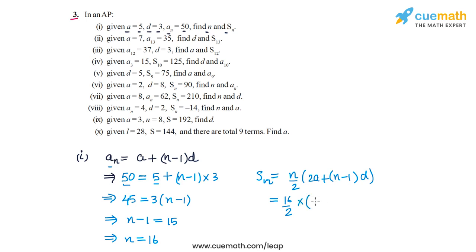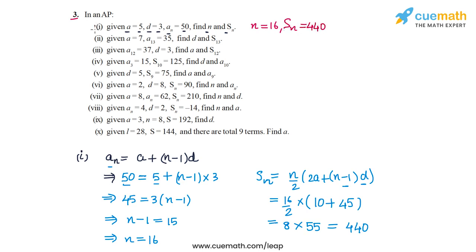So a is 5, so 2a is 10, plus n is 16, so n minus 1 is 15. 15 into d is 3, so that's 15 into 3 is 45. So this is what we get, 16 by 2 into 10 plus 45, or 8 into 55, and 8 into 55 is 440. So the answer to part 1 is that n is equal to 16 and Sn is equal to 440.